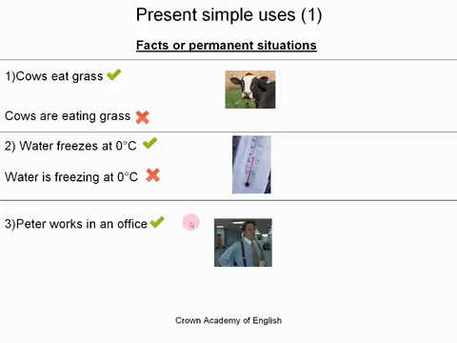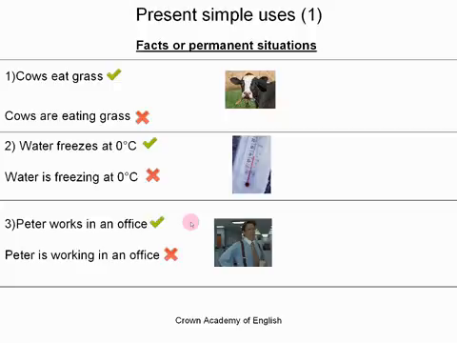Okay? So when we want to say this, we do not say Peter is working in an office. Again, that sentence is grammatically correct, but the meaning is something else. Peter is working in an office means he's working in an office now, but maybe in a few minutes' time he'll be working outside.